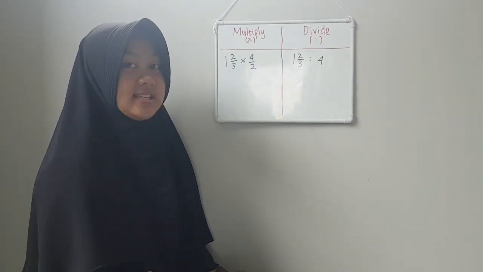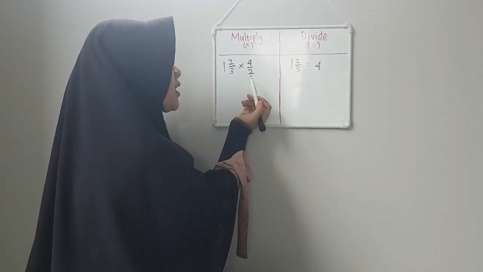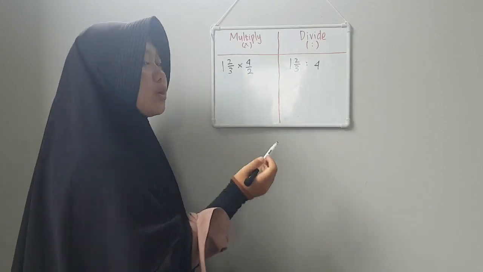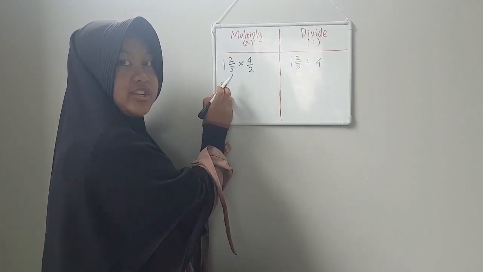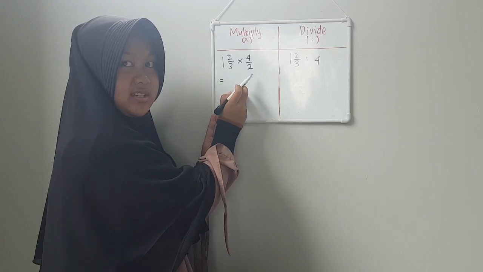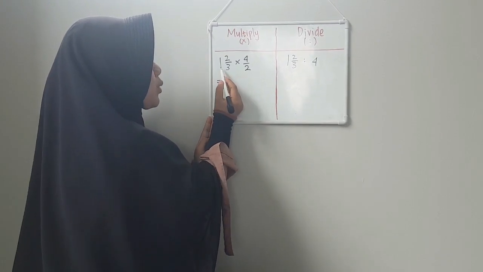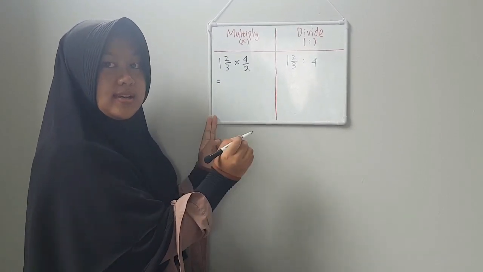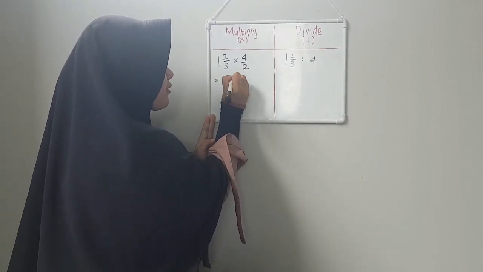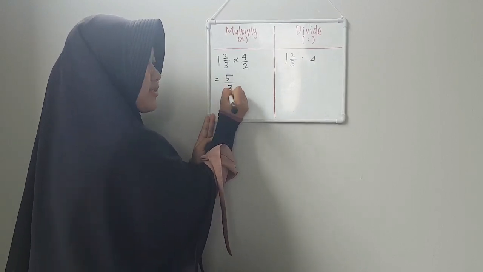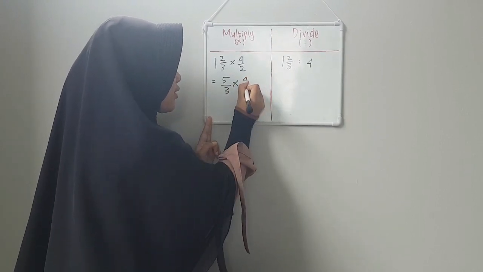So next is an example of multiplying a mixed fraction with a simple fraction. How to solve this? We have to change the mixed fraction into a simple fraction, as we have learned before: 1 multiplied by 3 and then plus 2, we get 5 over 3, and then multiplied by 4 over 2.